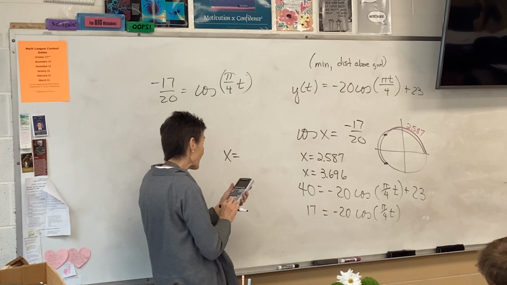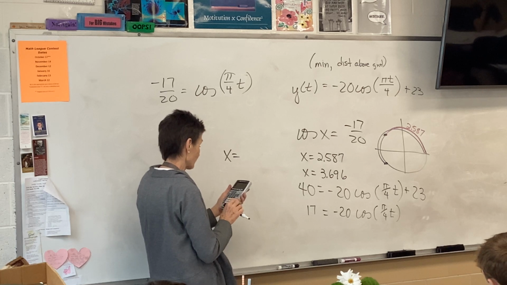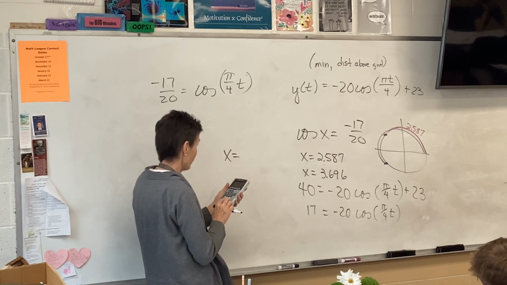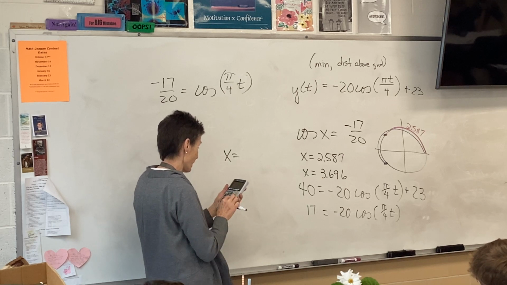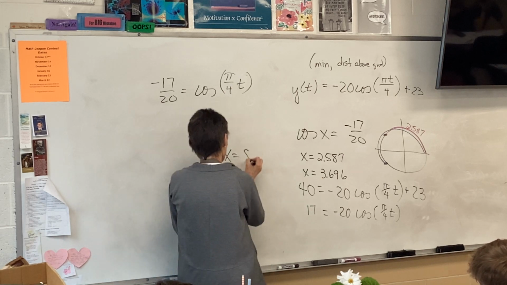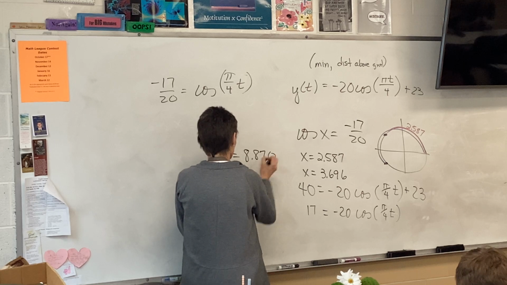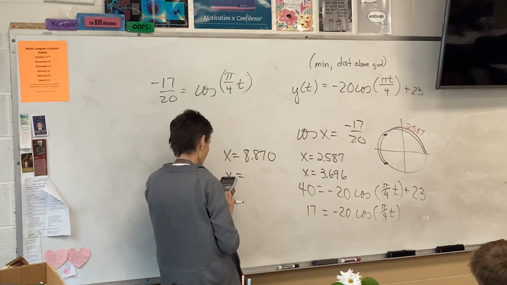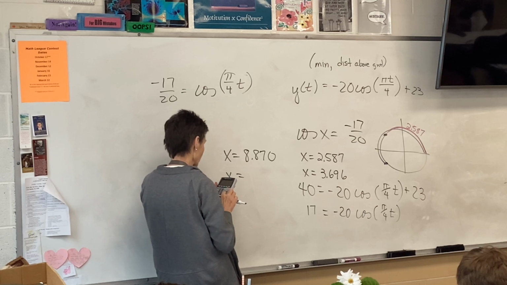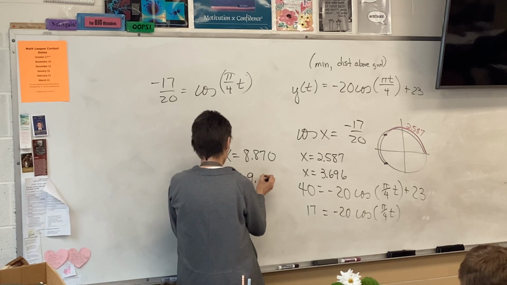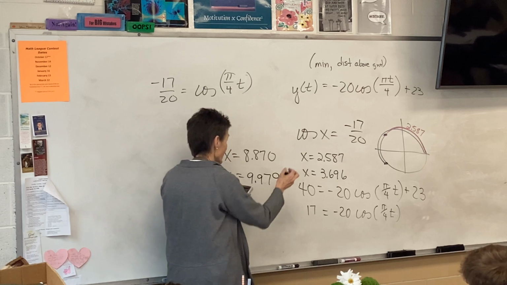That would be the second time around. So 2.587 plus 2 pi would be 8.870 and 3.696 plus 2 pi would be 9.979. Everybody okay so far?